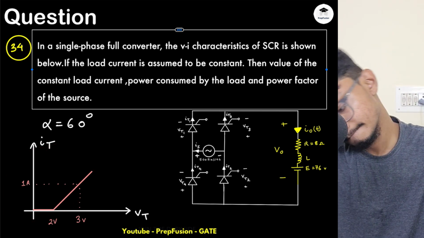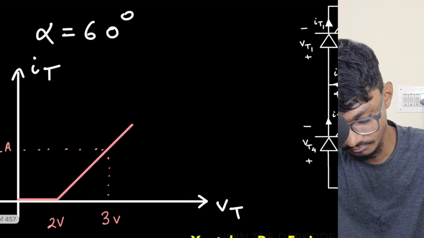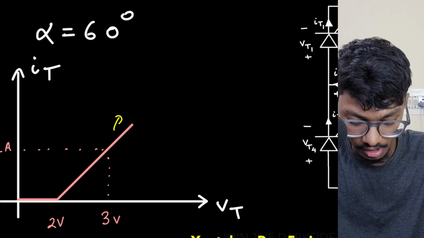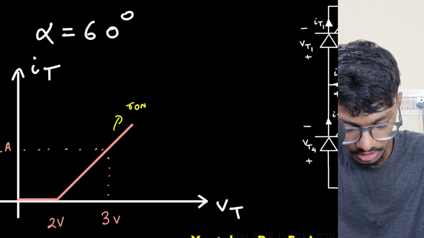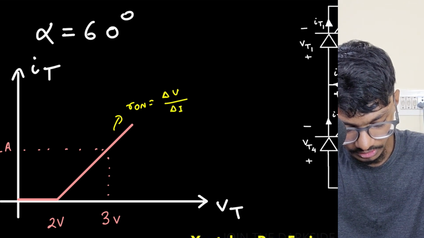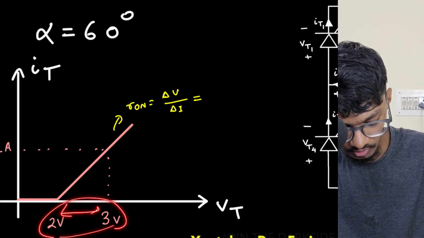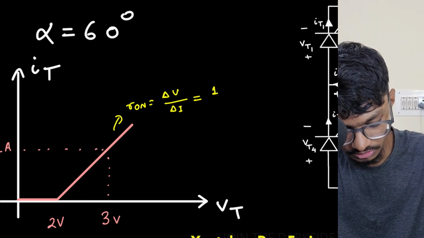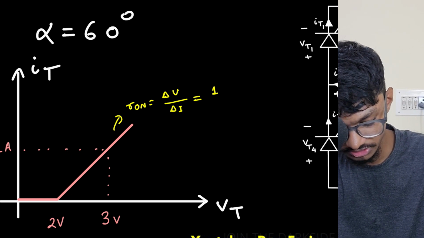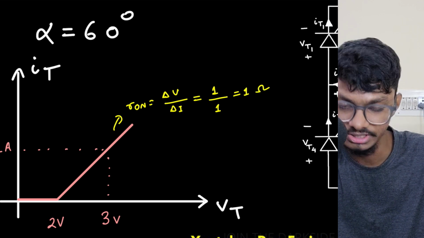So here, R-on will be delta V upon delta I. Okay. In this case, what is my delta V? What is the delta V I am moving? It is 1 volt. And what is my delta I? Delta I is also 1, from 0 to 1. So R-on, the on resistance of the switch, is 1 ohm.